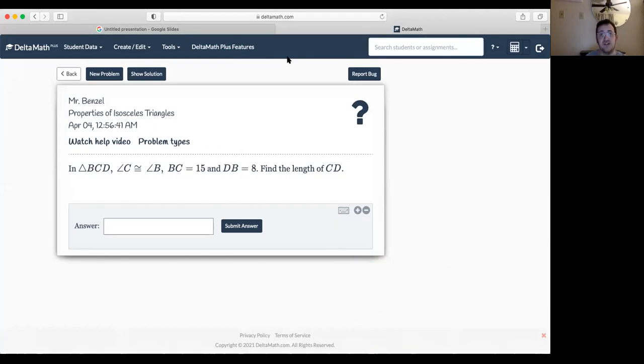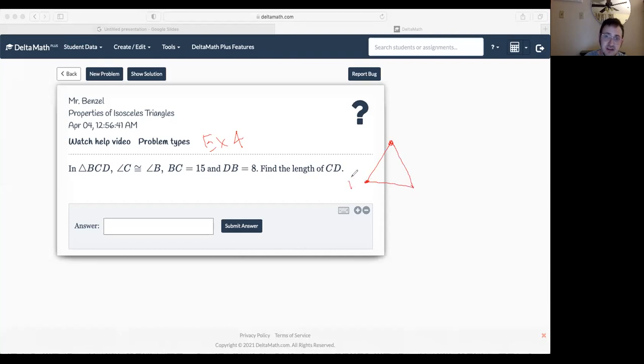All right, let's take a look now at example 4. This is a side problem that you also have to draw the picture with. So I'm going to draw triangle BCD, and I'm just going to draw something that looks reasonably isosceles.